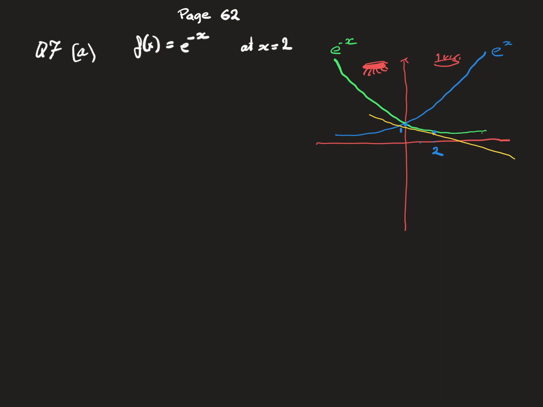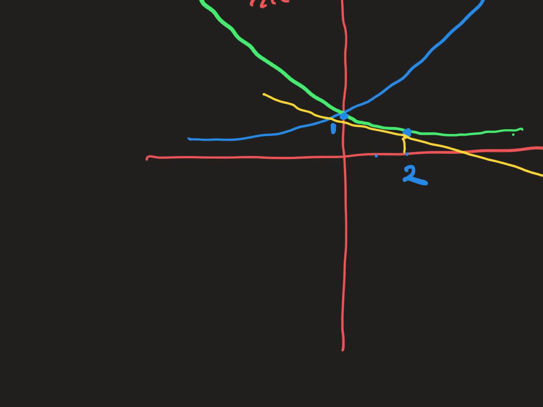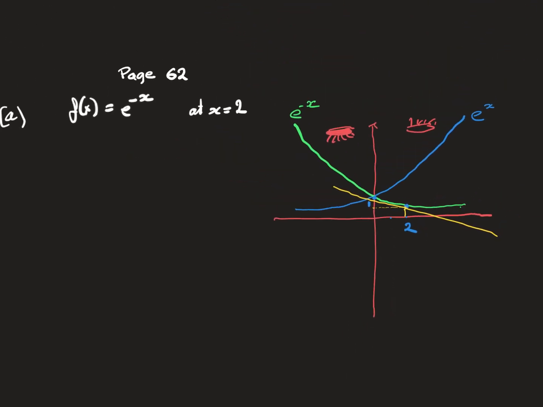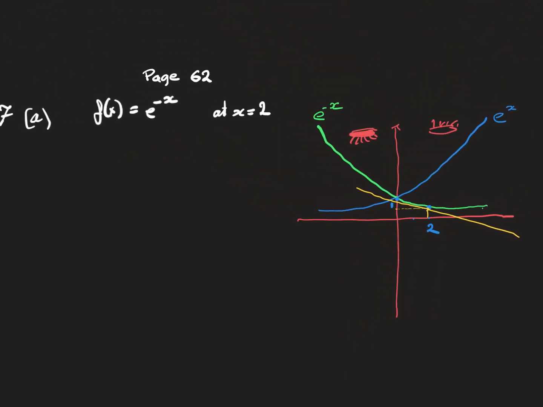So let's just pretend I'm drawing a tangent right down there. If I'm looking at that point, I know that x is equal to 2. Do I know what the y value of that tangent is? I do know, because all I have to do is put f(2) in there, and that's e to the minus 2.